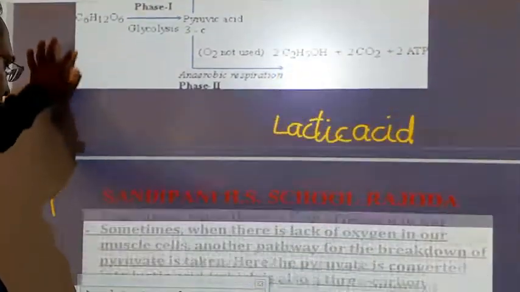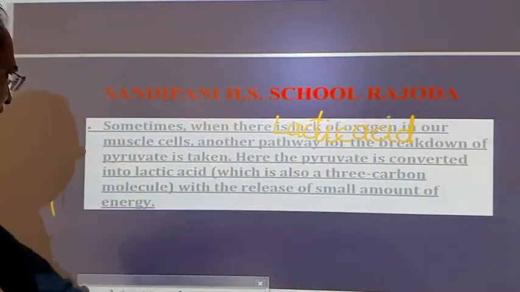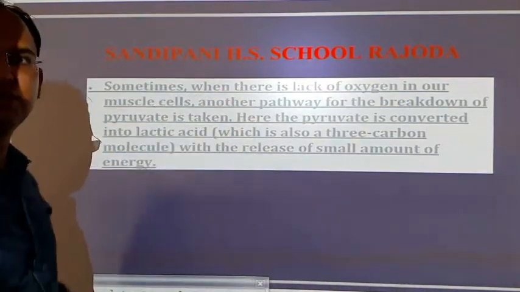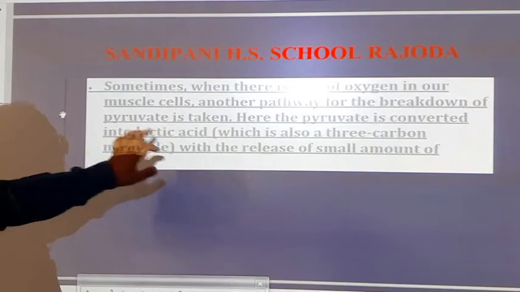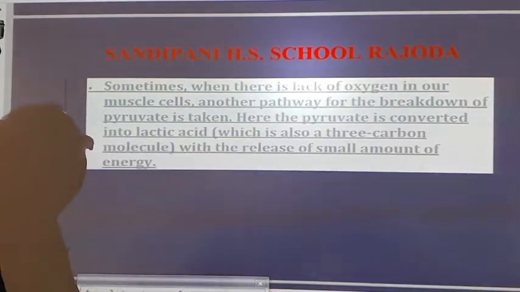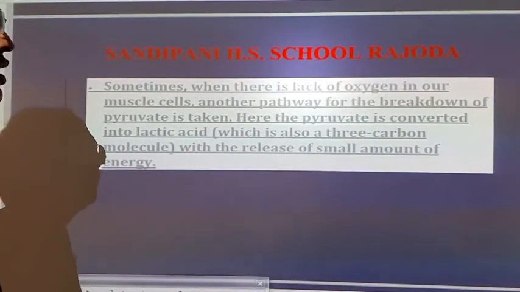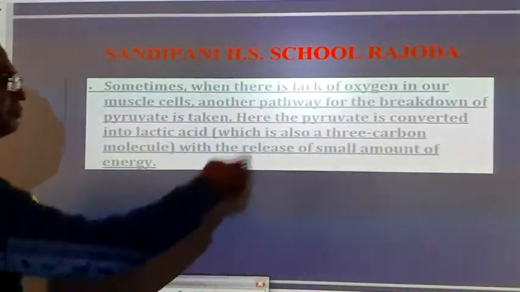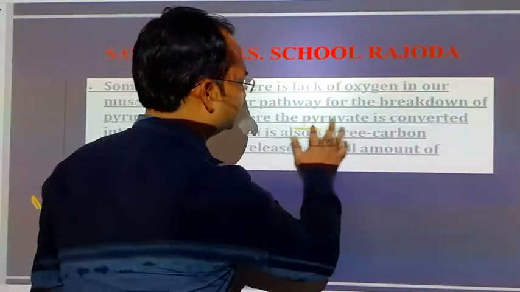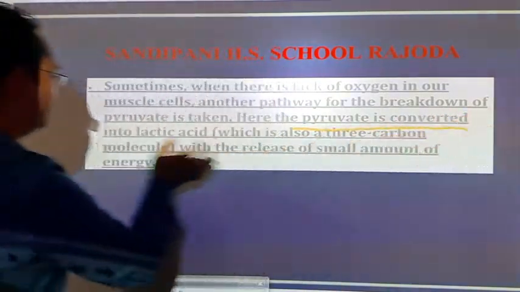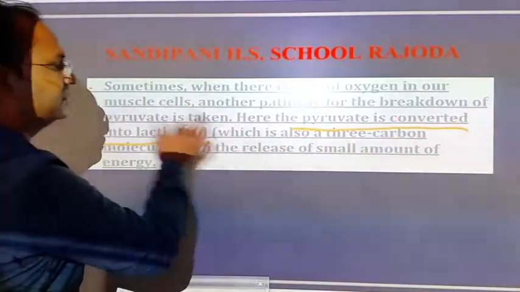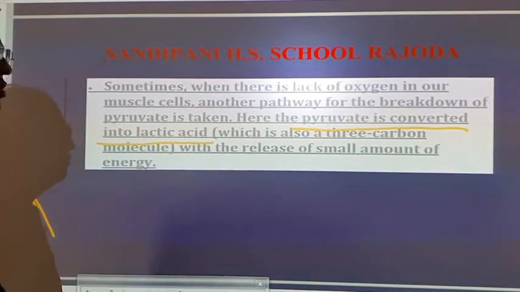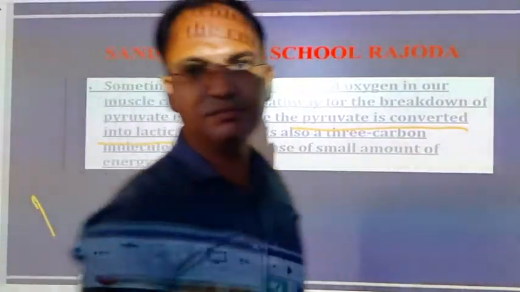See here, sometimes when there is lack of oxygen in our muscle cells, another pathway for the breakdown of pyruvate is taken. Here pyruvate is converted into lactic acid, which is also a 3-carbon molecule, with the release of a small amount of energy.